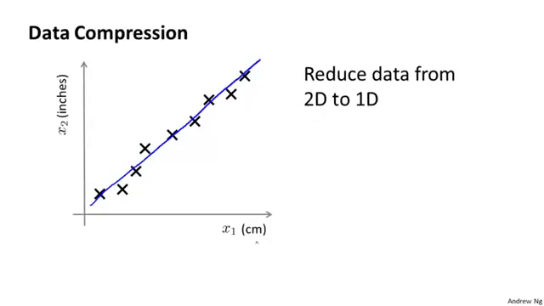For a different example, again, maybe one that seems slightly less contrived, for many years I've been working with autonomous helicopter pilots, or I've been working with pilots that fly helicopters. And so if you were to do a survey or do a test of these different pilots, you might have one feature, x1, which is maybe the skill of these helicopter pilots, and maybe x2 could be the pilot enjoyment, that is, how much they enjoy flying, and maybe these two features will be highly correlated.